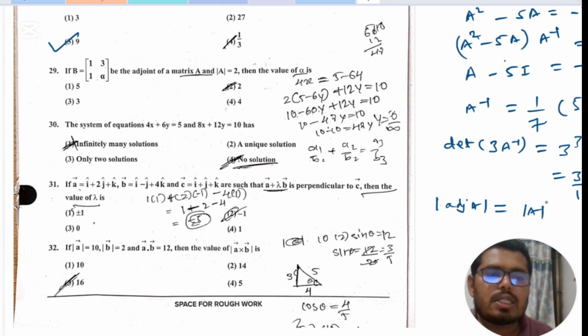That's why 2 minus 1 is equal to determinant of A. Both are equal. It means the adjoint of A is given as B, then its determinant is alpha minus 3 is equal to determinant of A, given as 2, then alpha is equal to 2 plus 3 is 5. Therefore, option number first is correct.